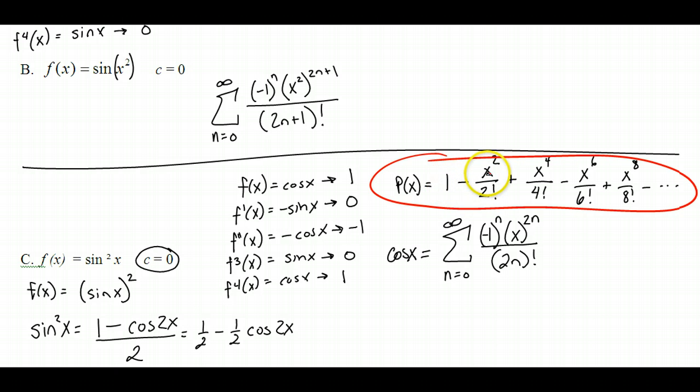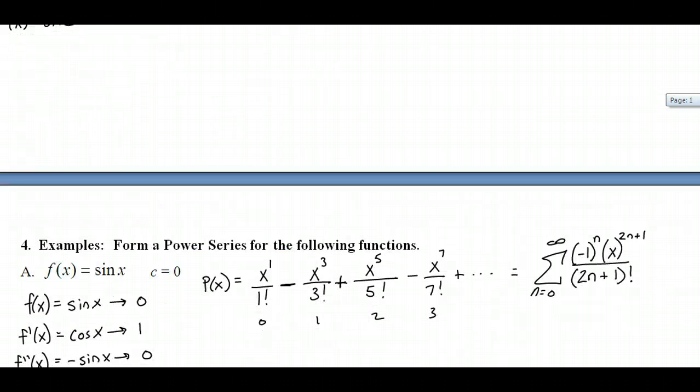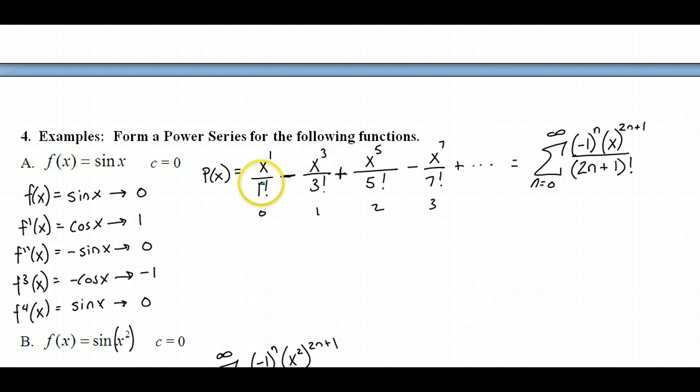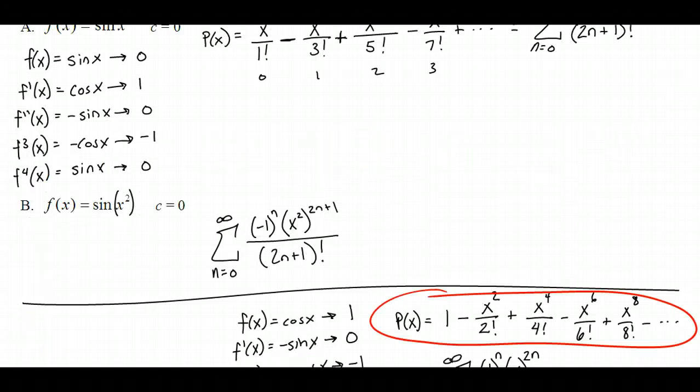Cosine is an even function, and it's alternating, whereas sine is an odd function. They both start off positive. They're both going to be alternating, but sine deals with the odd, and cosine deals with the even. And if you look back, obviously they're alternating as you go through it. One of them has odd numbers, one of them is even, but we know that cosine deals with the even, and sine deals with the odd.